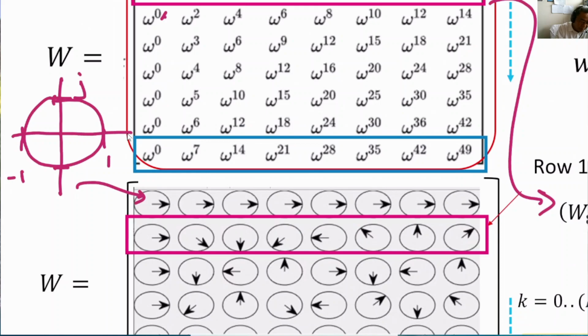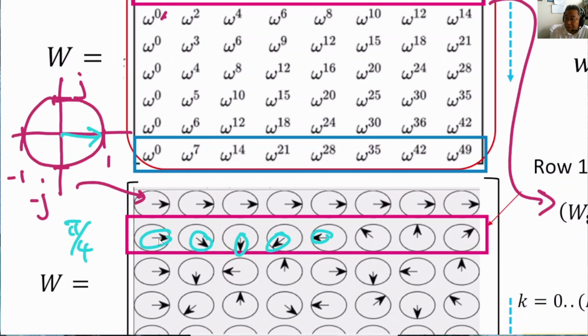And here is minus j. And if I'm drawing for you, let's say, an arrow like this, then this is magnitude 1, angle 0. So you see that the first row is all magnitude 1, angle 0. The second one is a phasor that is rotating what? Rotating clockwise.